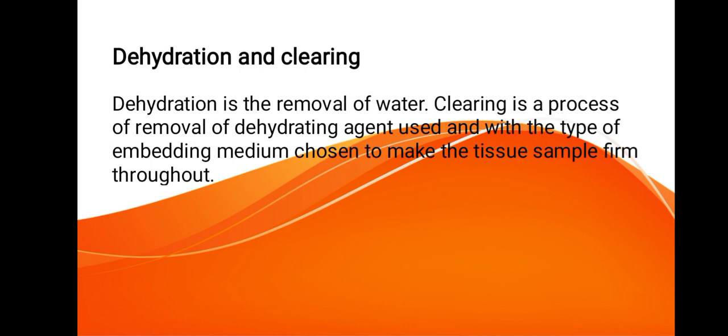In paraffin embedding, tissues are treated with xylene or even toluene, chemicals that are miscible with the melted paraffin. And this is what we call clearing, since the tissue becomes transparent in xylene and other clearing reagents.